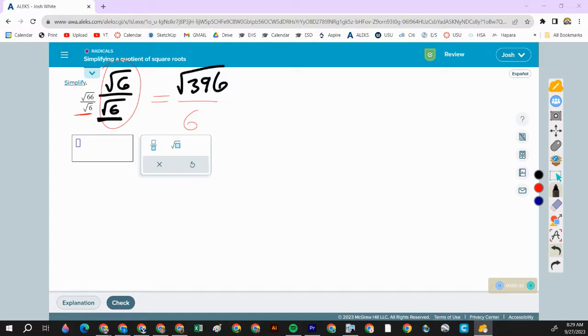But I'm just going to factor that. What goes into 396? Well, where did 396 come from? 6 times 66. So I know that this is 6 times 66, 2 and 3, 11 and 6, 2 and 3, and then we can cross off everything that factored.